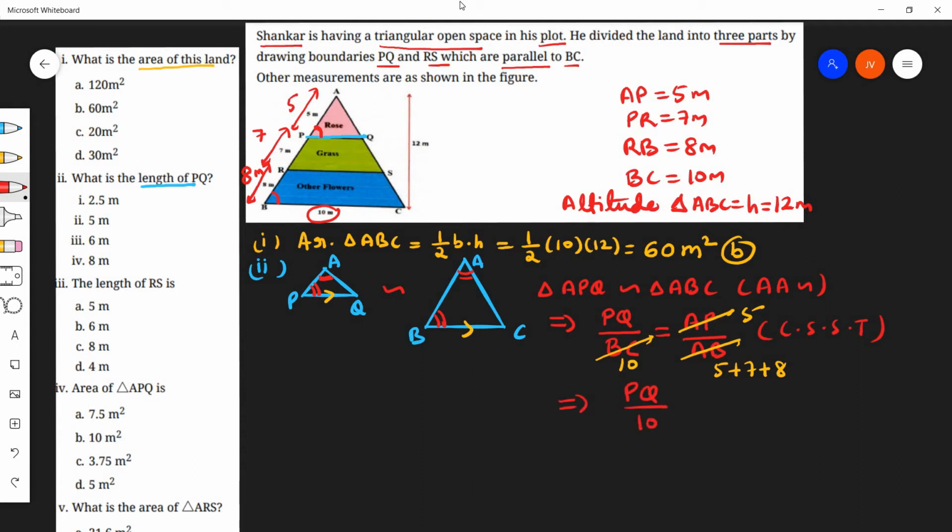So we have PQ by 10, which is 5 divided by the sum of these numbers, which is 20, and then you can see a simple cancellation of terms, and then we will have PQ as 5 by 2. 5 by 2 is 2.5 and it is a dimension, so we can call it 2.5 meters. And which option is this? This is the first option. So first question, the correct answer is B, and second question, the correct option is the first option.